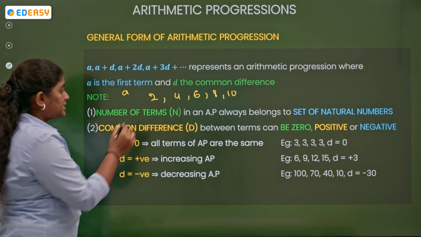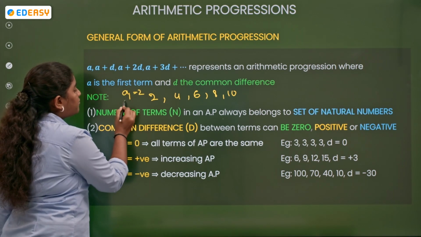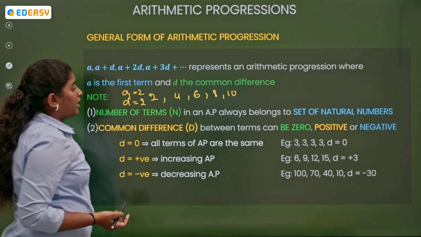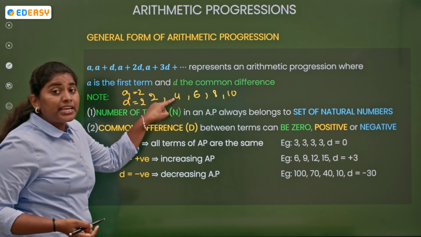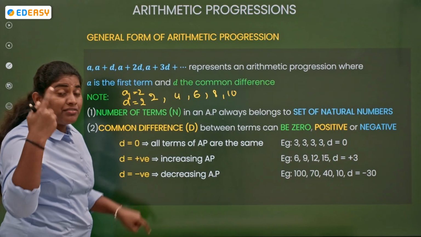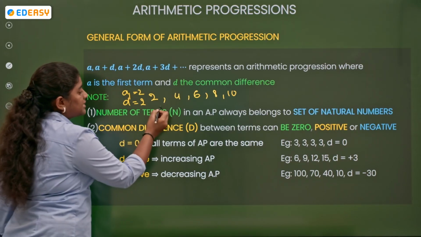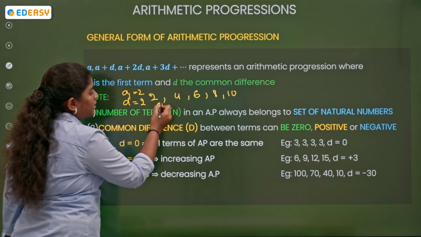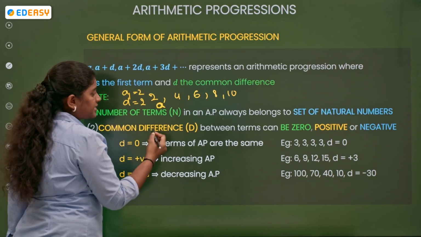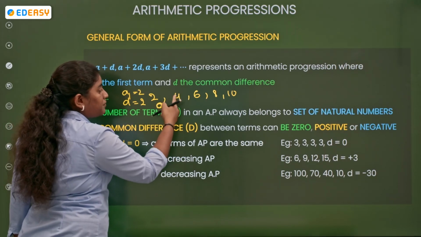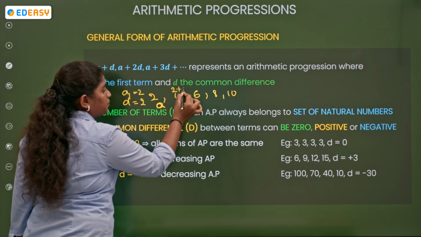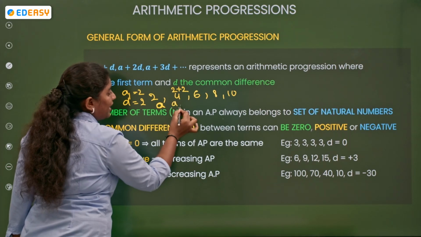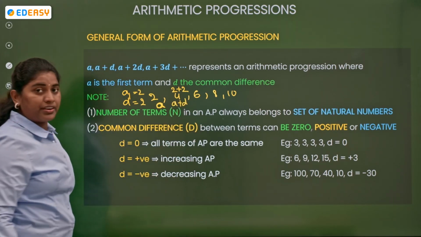My first term is 2, and what is the common difference? 2. Now how will I be getting my second term? Suppose I am taking my first term as a. Now how will I be getting the 4? 2 plus 2, it means what? Your a plus d, right?